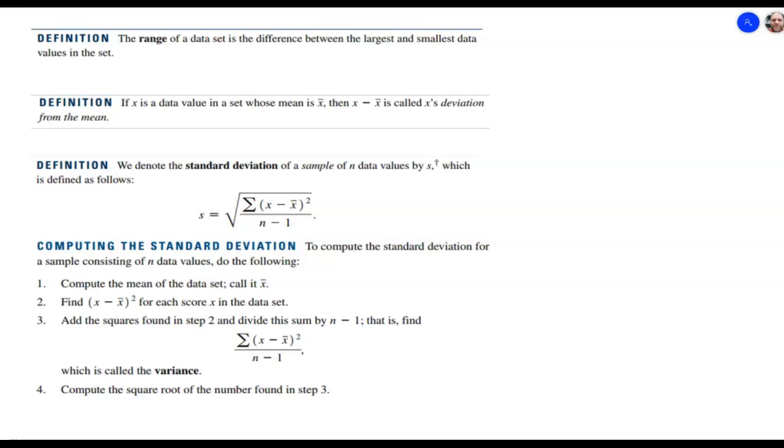So, for example, if I had an Olympic race, like a 50-yard dash, and everyone finished that race within about 7 to 8 seconds, I'd have a really small standard deviation.